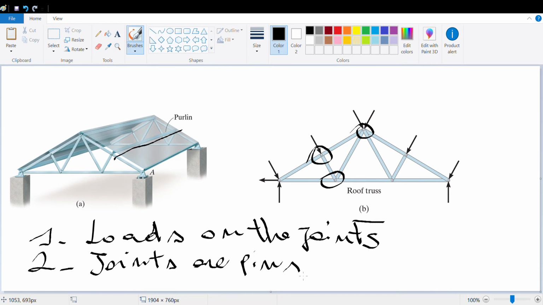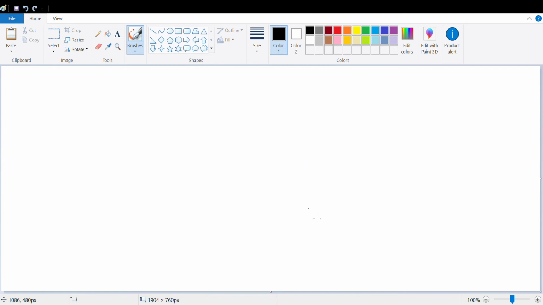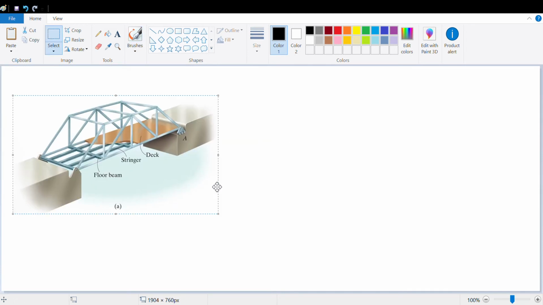Now in reality, sometimes we can see that these connections are not exactly pins. For example, another common application for trusses is a bridge.